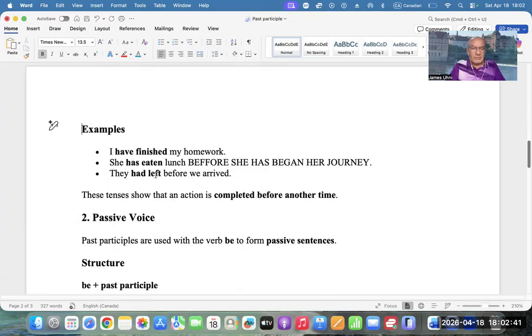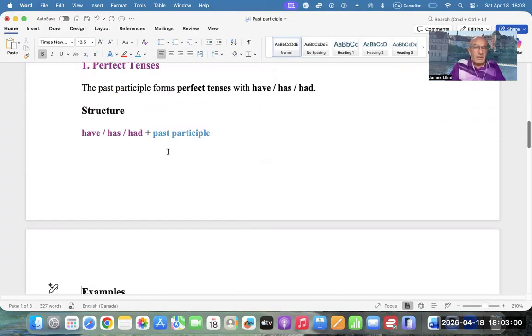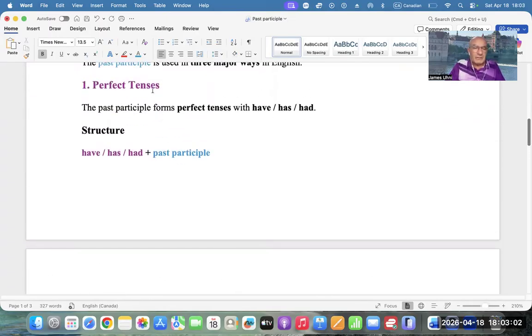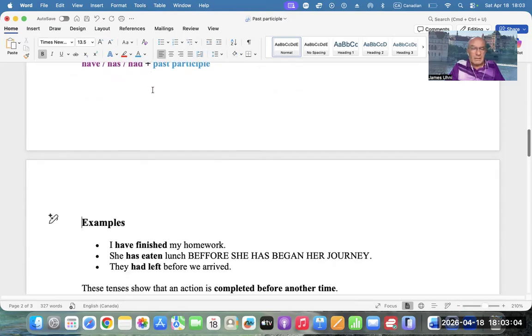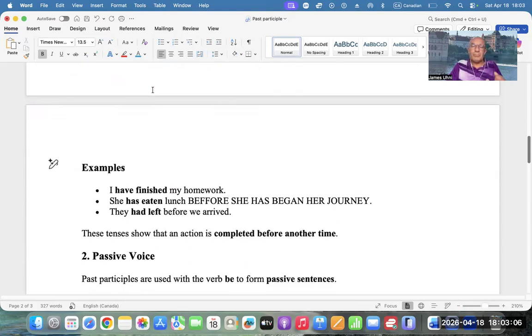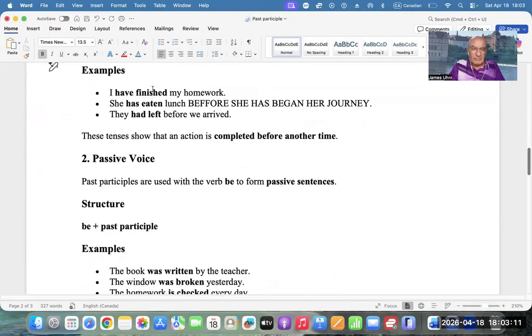They had left before we arrived to see them in the cinema. So this is the complete sentence, and had left, has eaten, have finished is actually the structure of perfect tense. But like I said, you will not need it until grade 4 and grade 5.